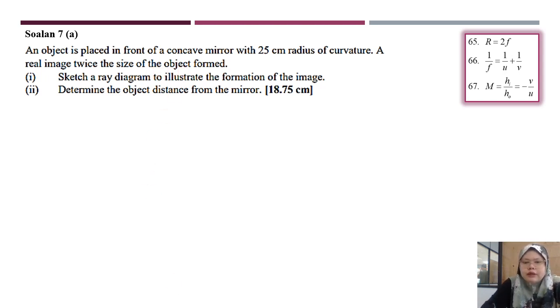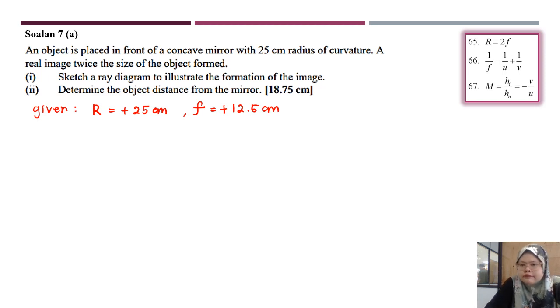Now we check out all the information given. You are given the radius of curvature, which is equal to 25 centimeter. From here we can find the focal length of the concave mirror, which is equal to 12.5 centimeter, half of the radius of curvature.